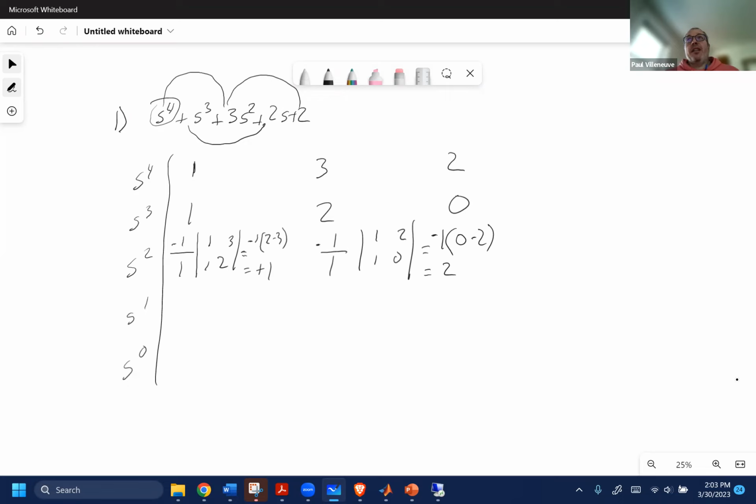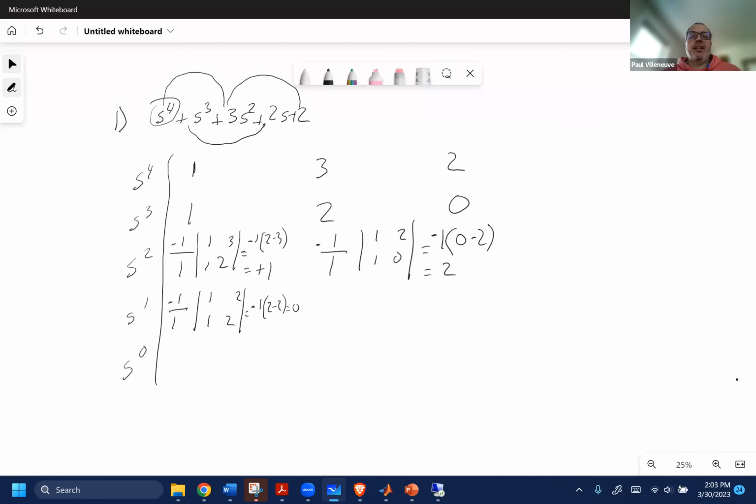So we're going to move to the next row. Moving down a row, now I'm going to use the previous 2 rows to do the determinant approach. So this is -1 over a +1. The determinant is 1, 1, and 2, 2, which is equal to -1 times 2 minus 2, which is equal to 0. That's my first step.